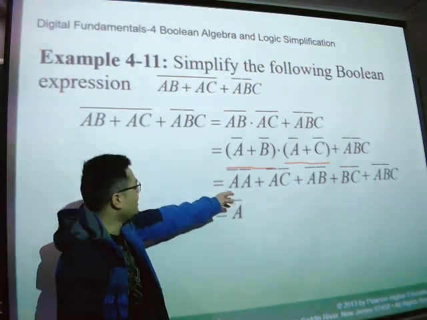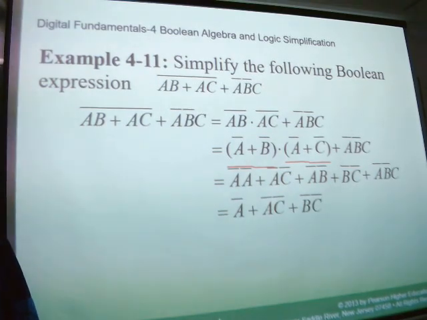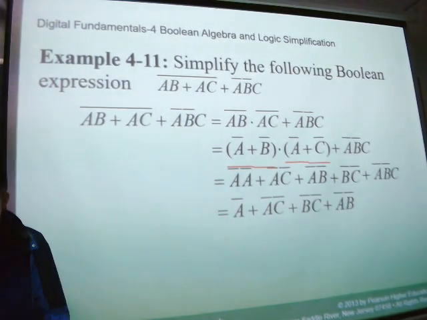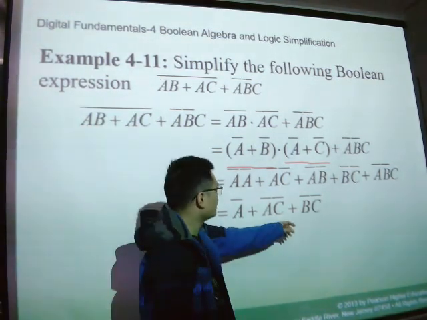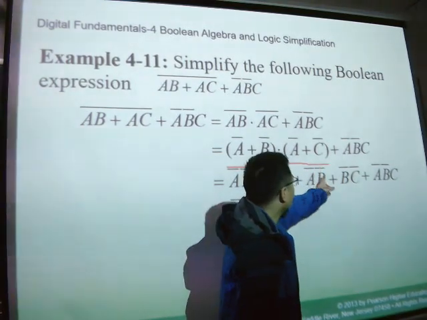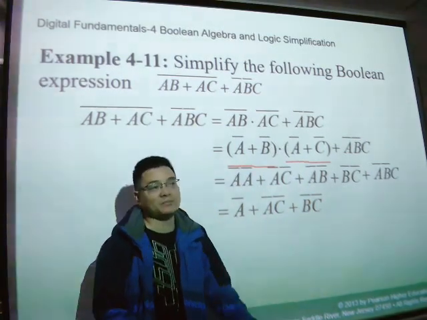Then A bar and A bar equals A bar. Then A bar B bar plus A bar B bar C equals A bar B bar, right?